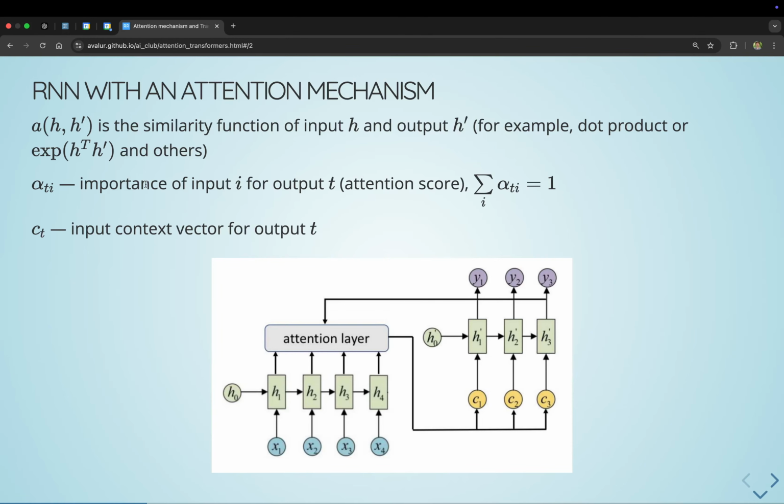So instead of one context vector, we have a lot of them, one vector for each step in the decoder, and we calculate them as a weighted combination with attention scores.